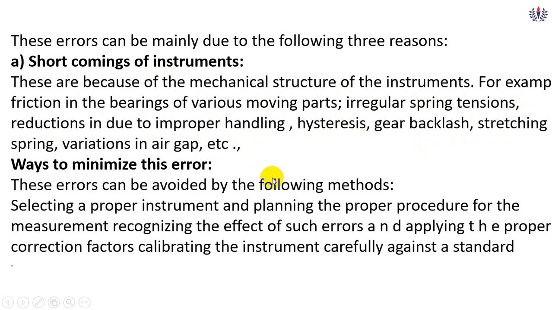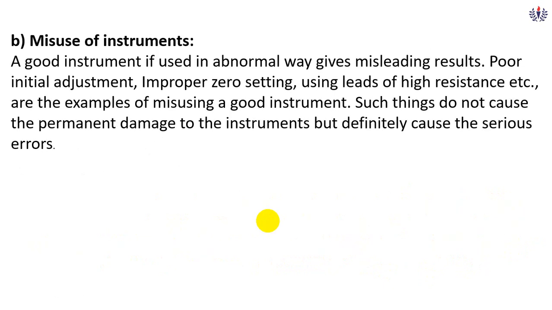So this may cause error in the instrument. This can be avoided by proper instrument planning and procedure, applying the proper correction factors, and calibrating the instrument carefully against the standards. By doing the calibration, we can identify the error easily and we have to rectify it.